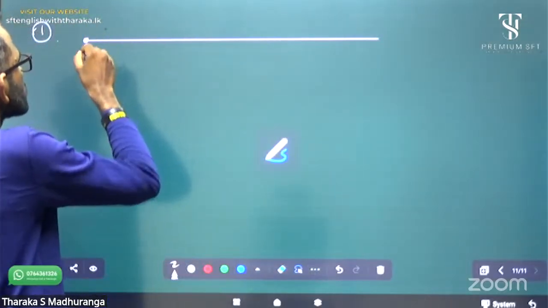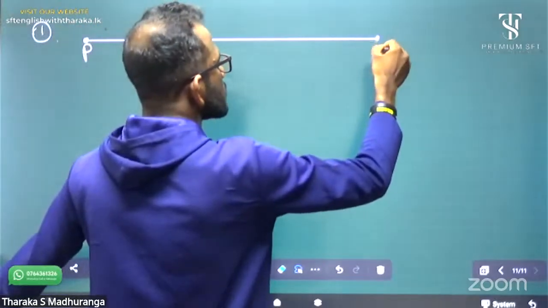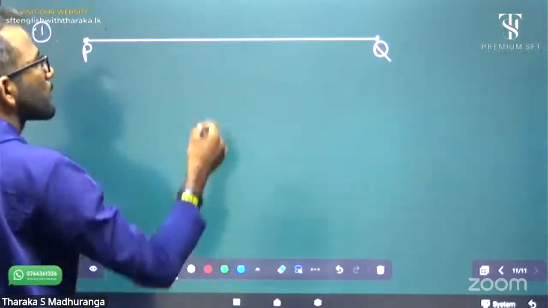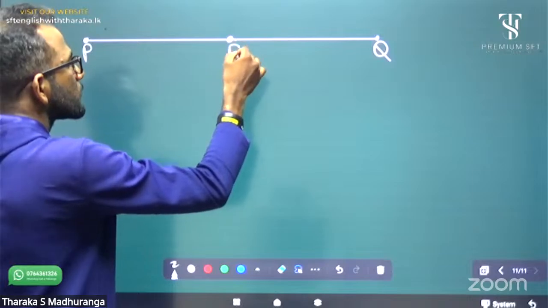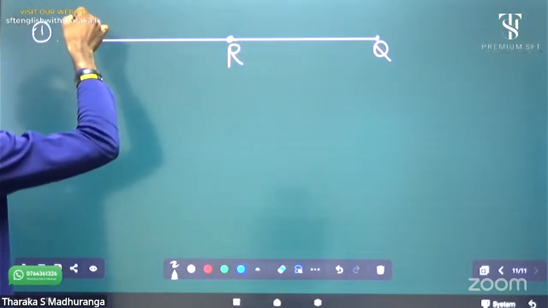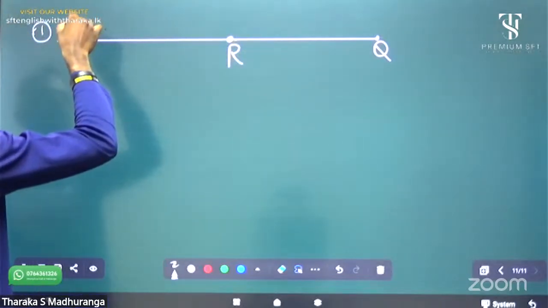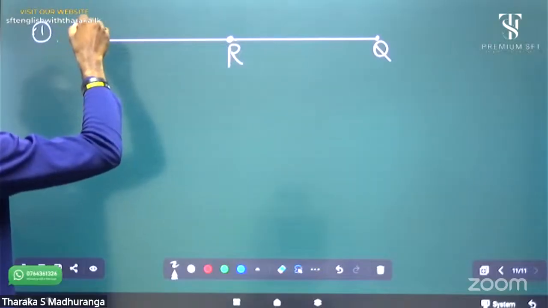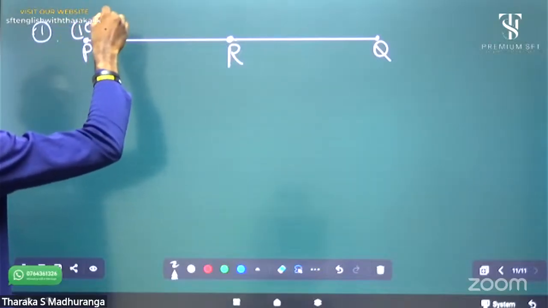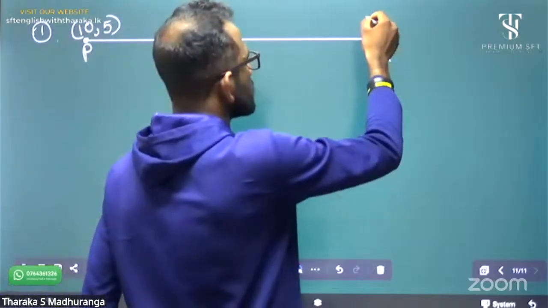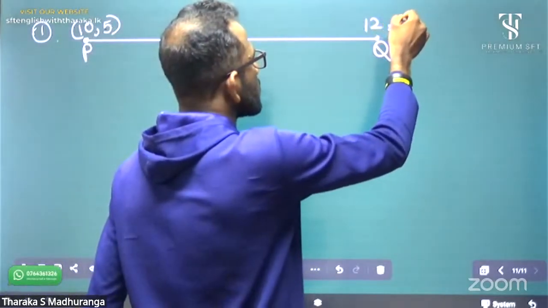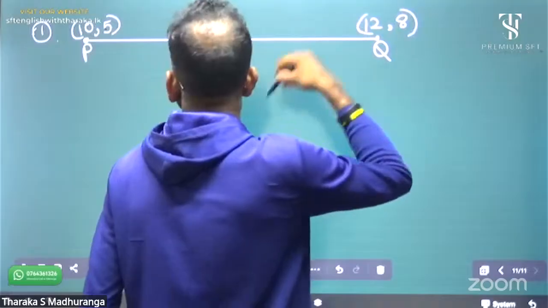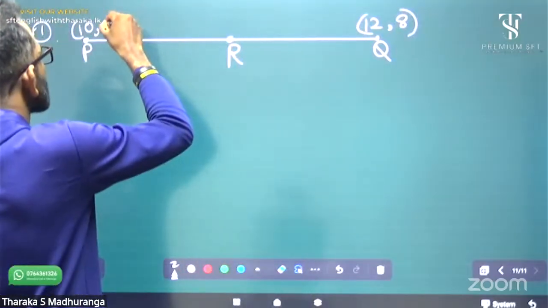This is point P. This is point Q. R is the midpoint. P point coordinates are 10, 5. Q point coordinates are 12, 8. I think it is 6.